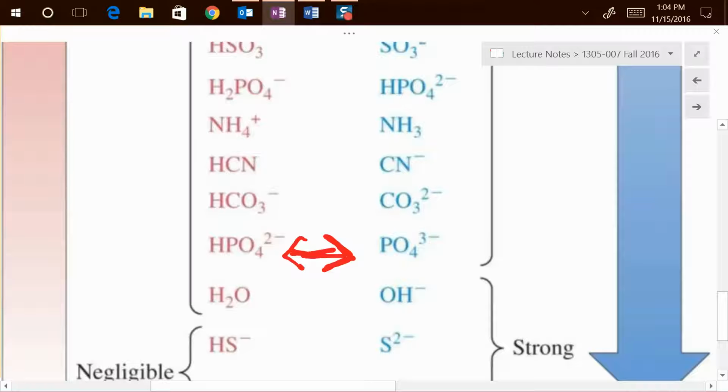So this would be stronger within this acid-base conjugate pair. Okay, the PO4 3 minus is a stronger base than this is an acid, and so this would push this way more than this would push this way. Okay?